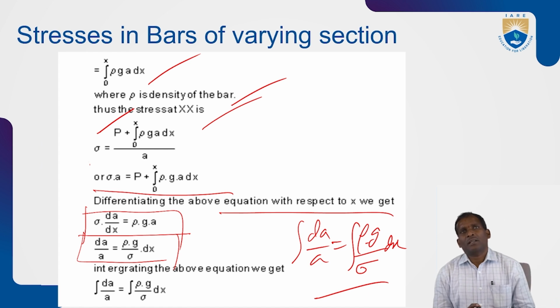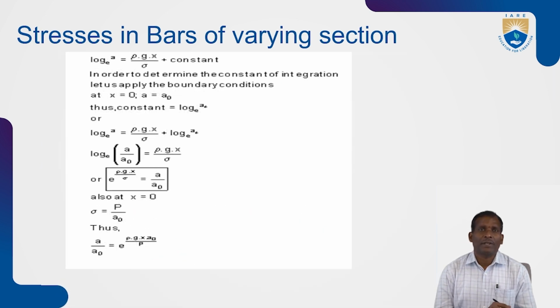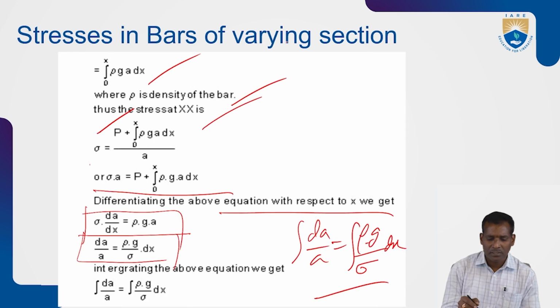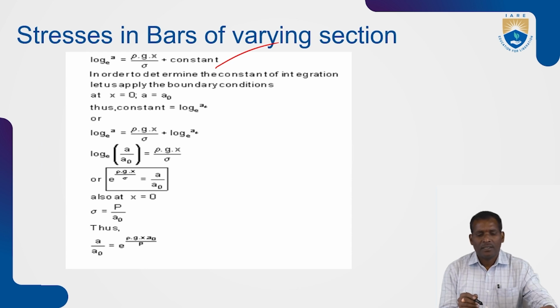Here A is a small elemental cross-sectional area at section XX. So in this, we are calculating the stress at the cross section while considering the weight of the bar. So log A, after integrating, you will get the result.